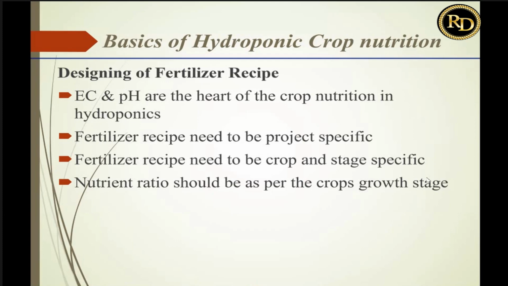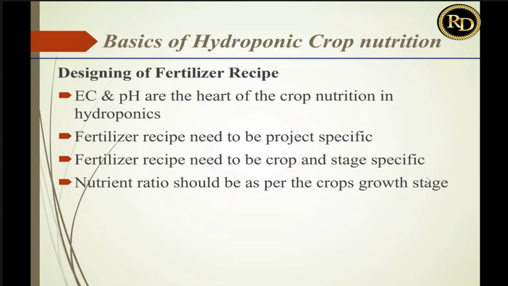The next basic is the fertilizer recipe. What is the fertilizer recipe? It means the ratio of different nutrients. They need to be project specific. Hydroponics is a tough thing, and there is no opportunity to opt for copy paste.